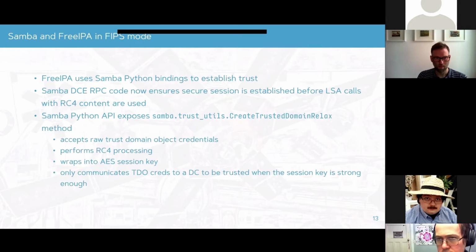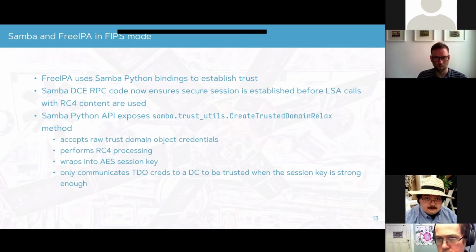On the other hand, we still needed to do something wider. One of the things is that FreeIPA uses a number of Samba components, and in particular Samba Python bindings, to actually establish trust to Active Directory.